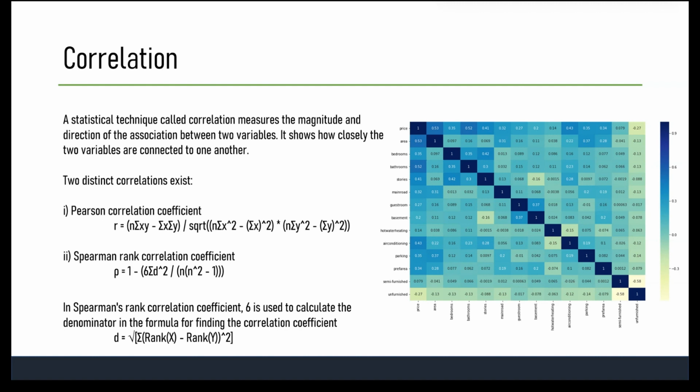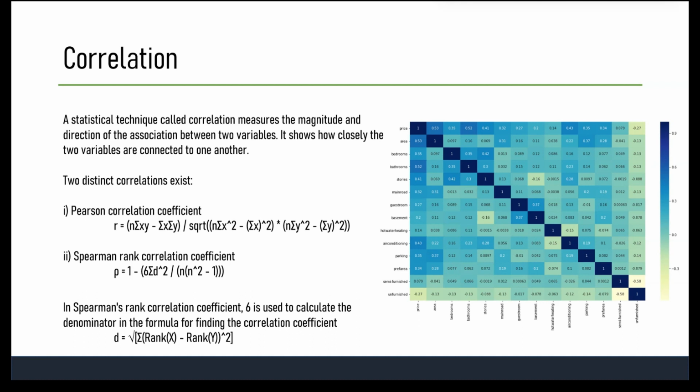So the value 6 is used as a normalization factor to adjust the scale of the coefficient, in particular where there are n observations in each variable. The maximum value of d is n times (n square minus 1) by 6, which occurs when two variables are perfectly ranked. So we divide the observed value of d by this maximum value to give a value between -1 and +1, which is the Spearman rank correlation.